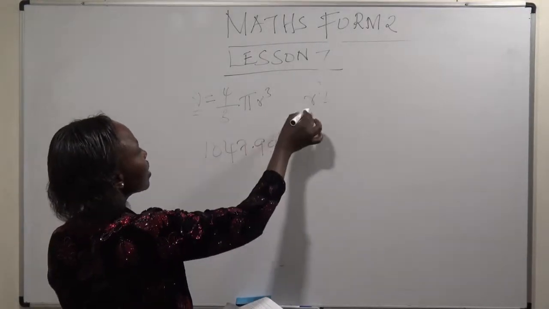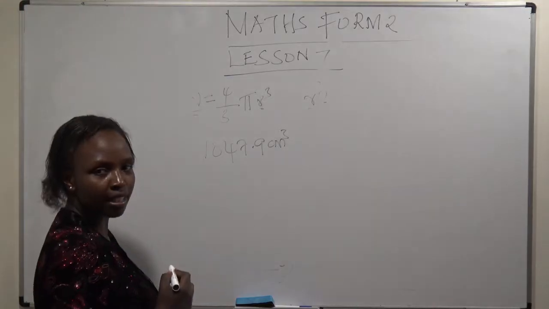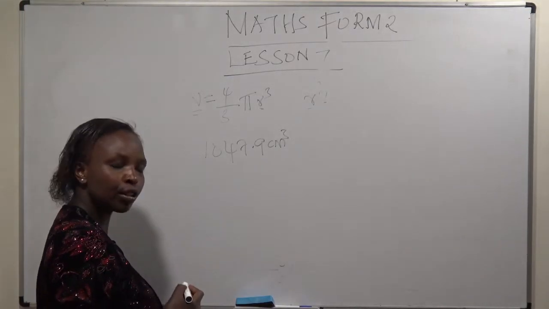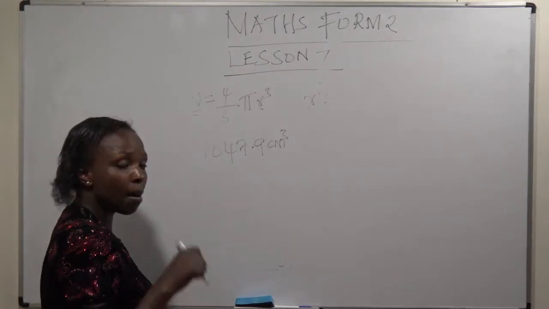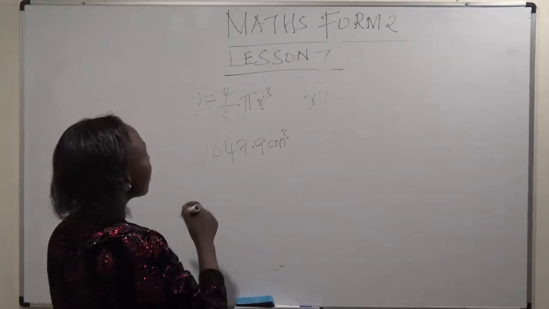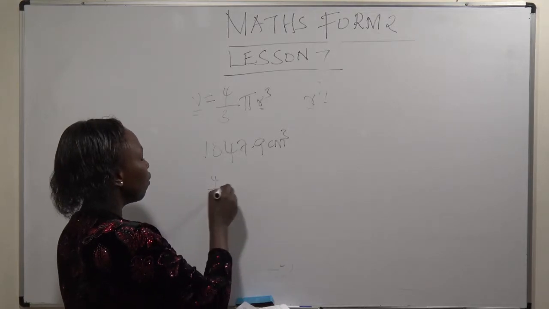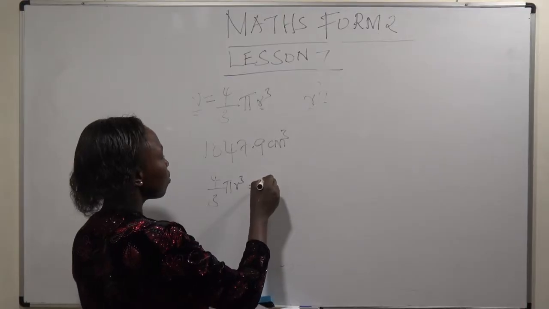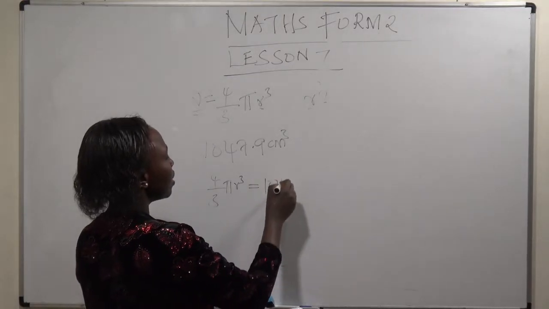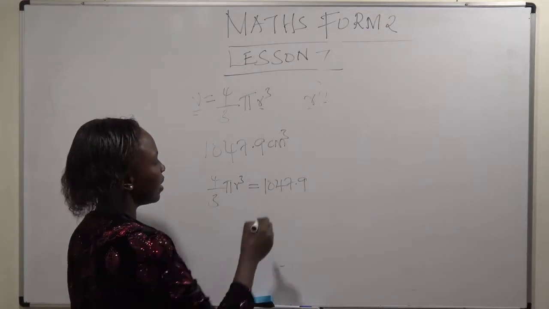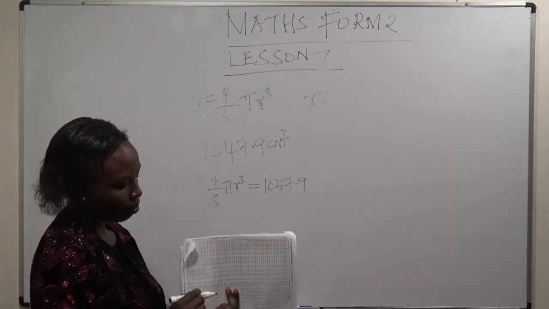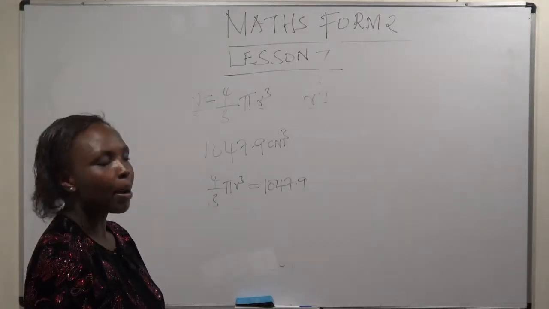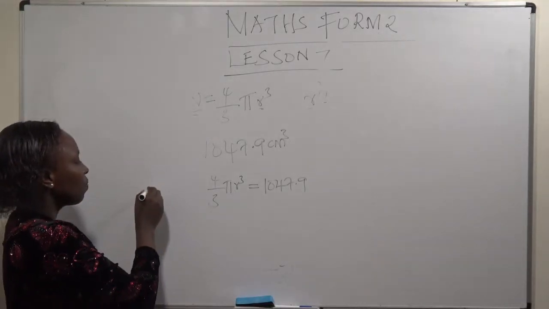So what we are looking for is the radius. We don't know the radius, and you know very well that the formula for getting the volume of a sphere is 4 over 3 pi r cubed. So that means that 4 over 3 pi r cubed is equal to 1,047.9 centimeter cubed. And you are also told to use pi as 22 over 7.